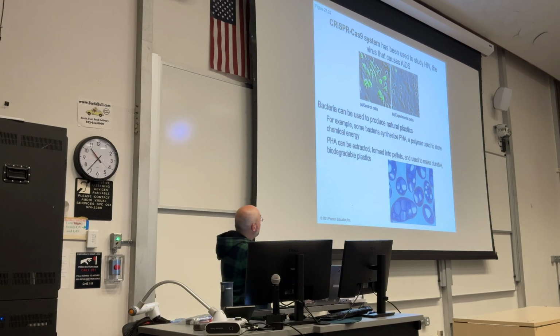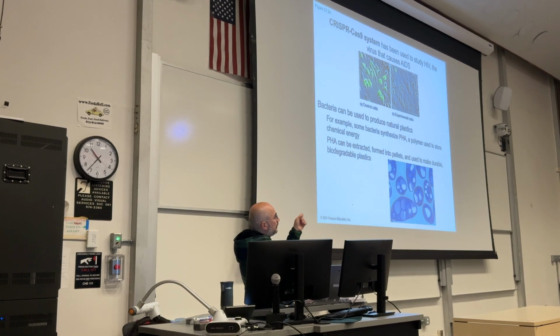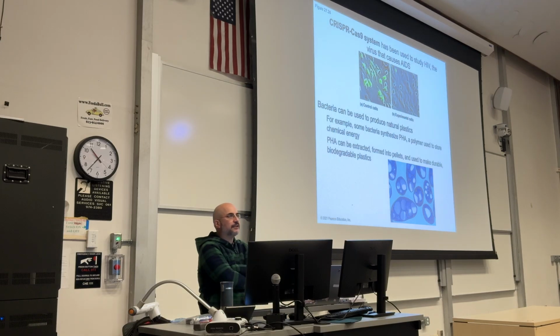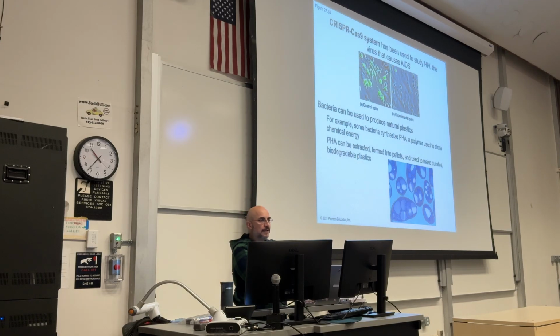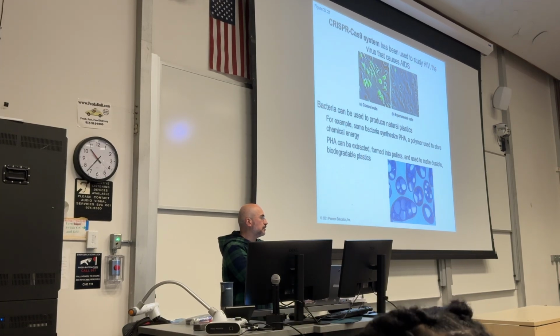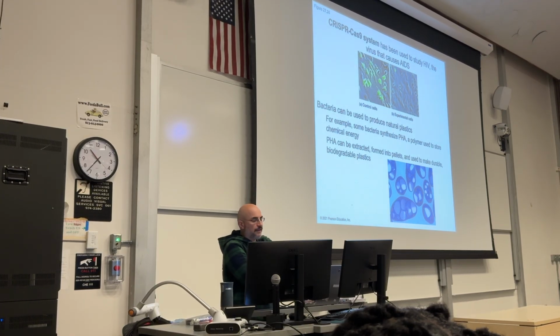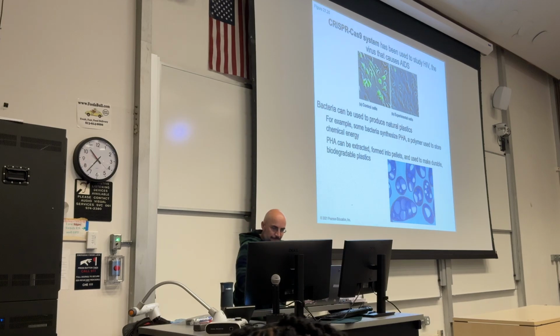There is this bacteria that synthesizes a type of polymer known as PHA. And now we are farming this bacteria to produce these plastics that can be recycled. So those are environmentally friendly plastics, okay?